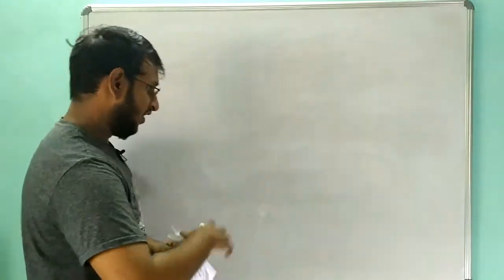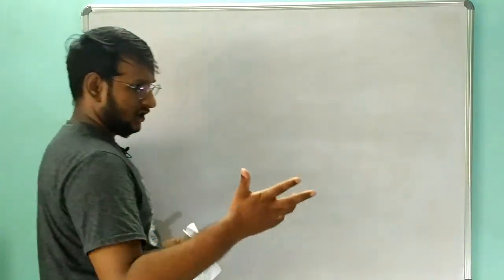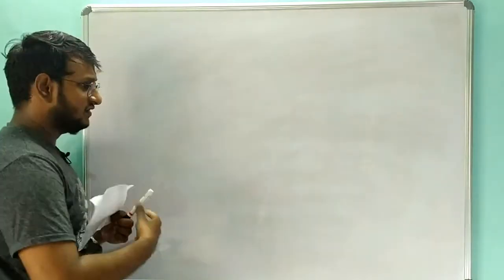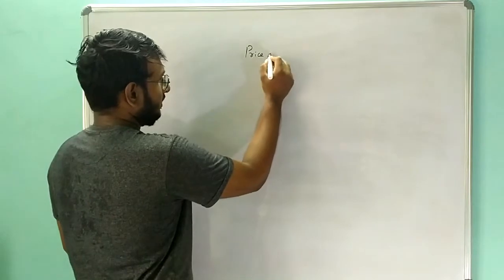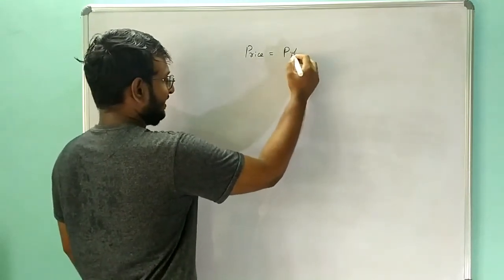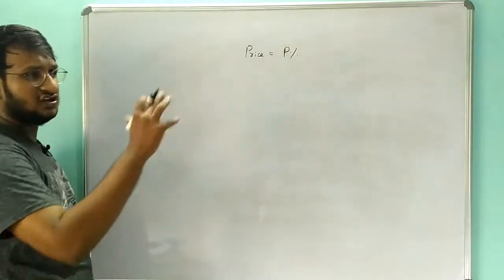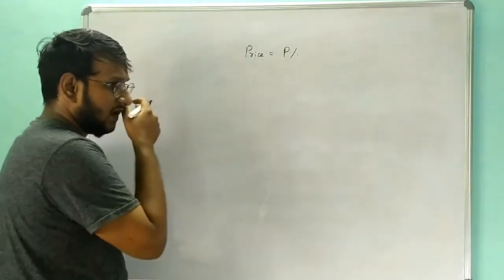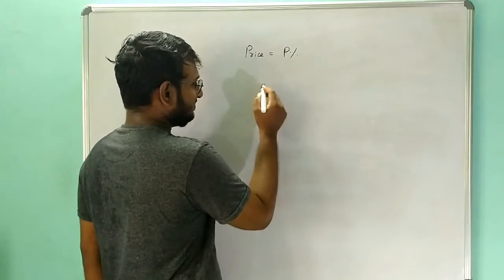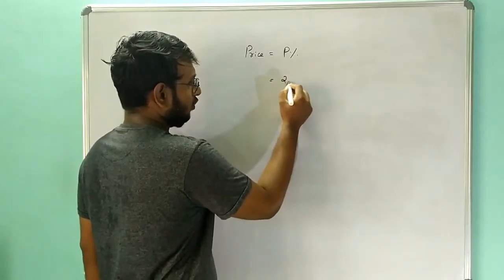For example, if you are taking sugar or petrol, whatever it may be, a commodity or a service, and let's take its price as P. The price is getting increased by a certain percentage or decreasing by a certain percentage. For example, sugar price is increasing by 25 percentage.